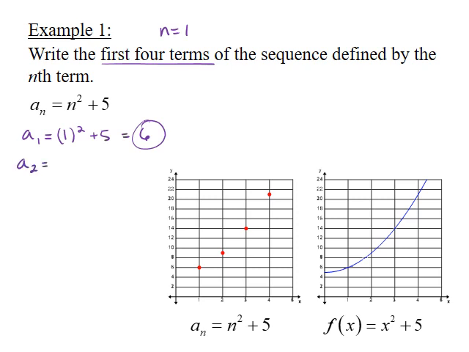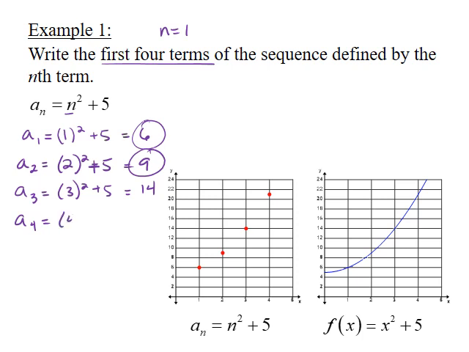To find the second term, we plug 2 in for n, plus 5. So we'll have 4 plus 5, which is 9. So 9 is the second term of our sequence. And we just move on. So here we have 9 plus 5, which is 14.